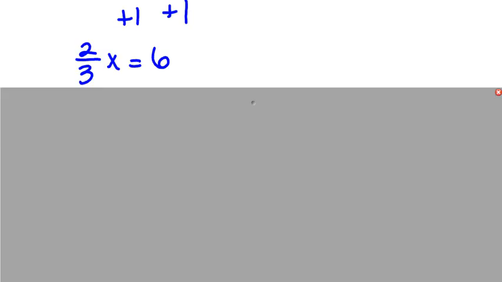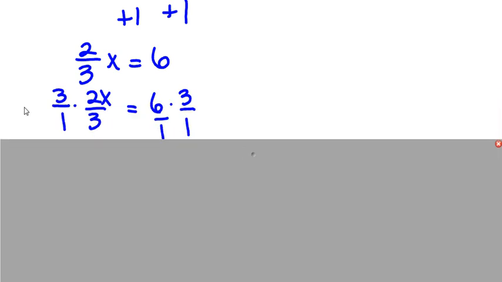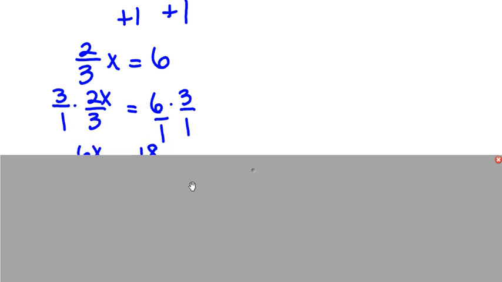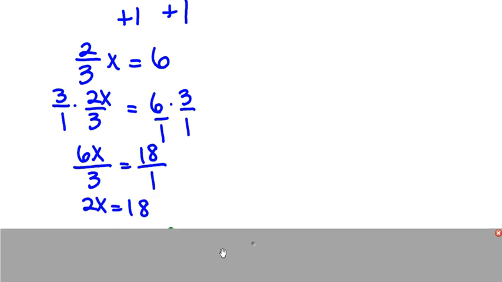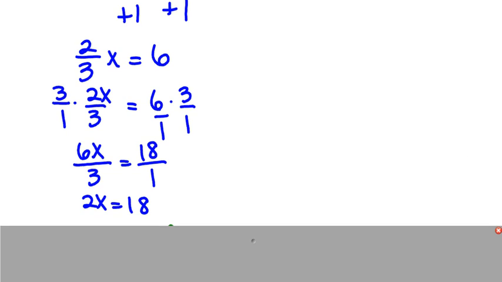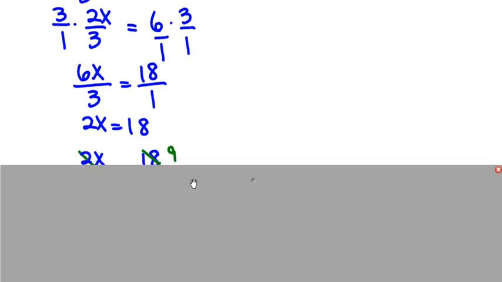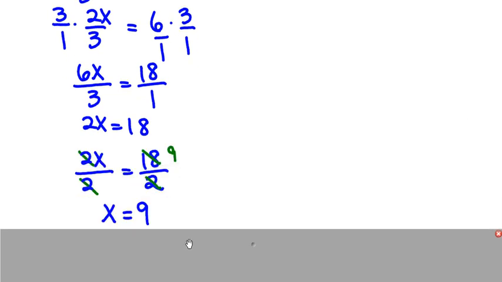To undo the division of 3, we can multiply each side by 3. Multiplying across, we'd have 6x over 3 equals 18. We can simplify this fraction because 3 is a factor of 6, so this would now be 2x equals 18. To undo the multiplication, we can divide each side by 2. So we'd have x equals 9.